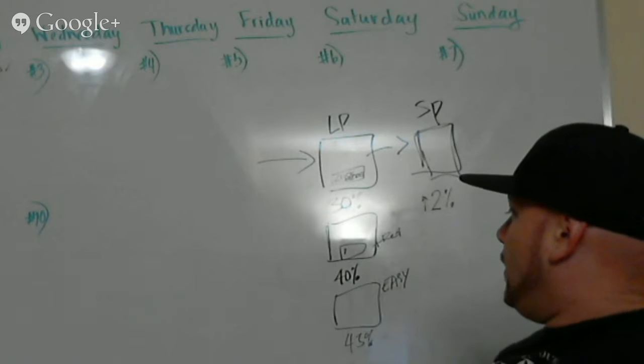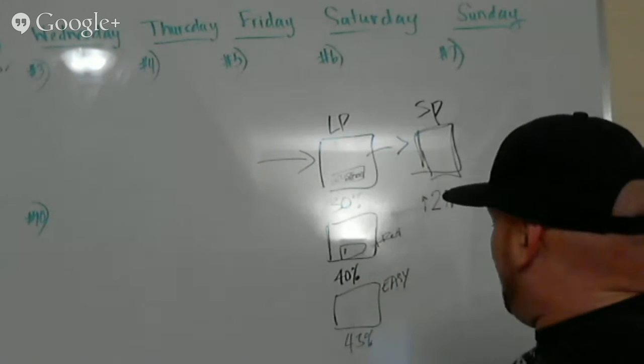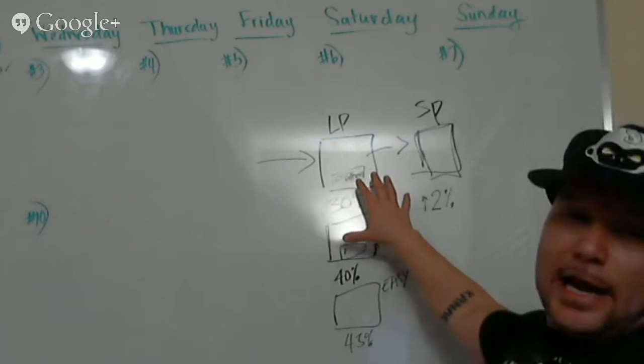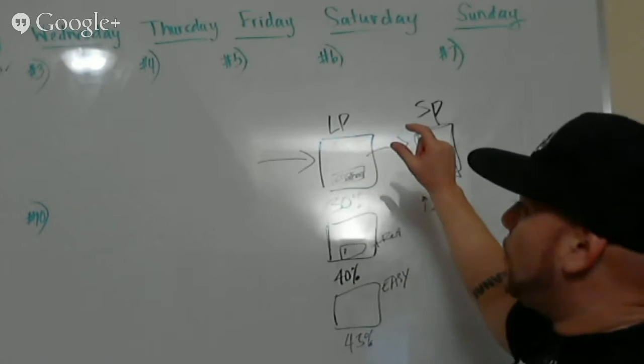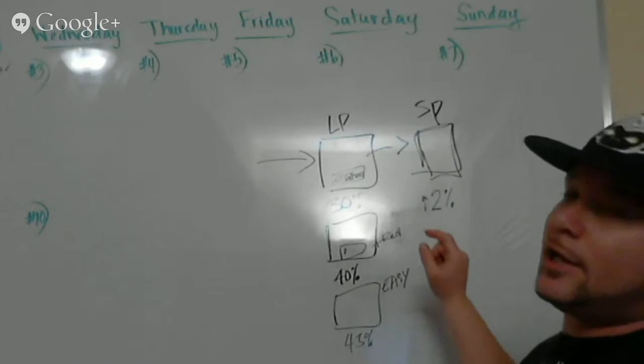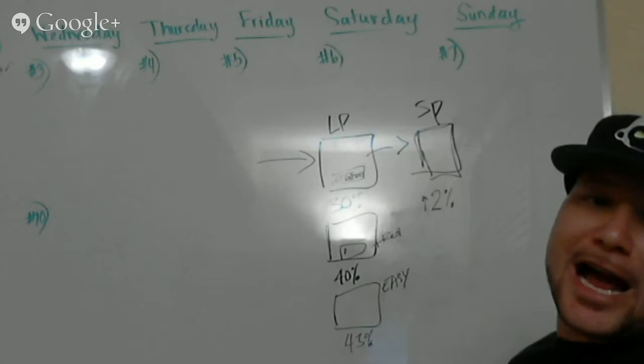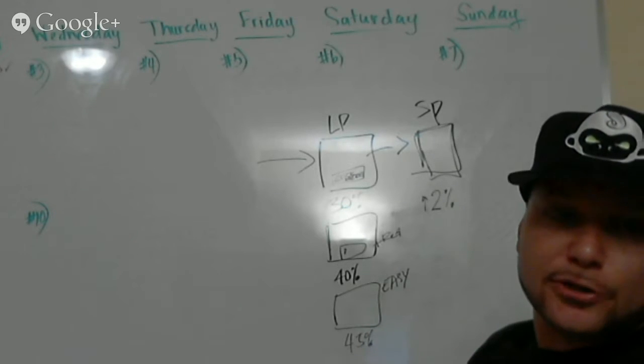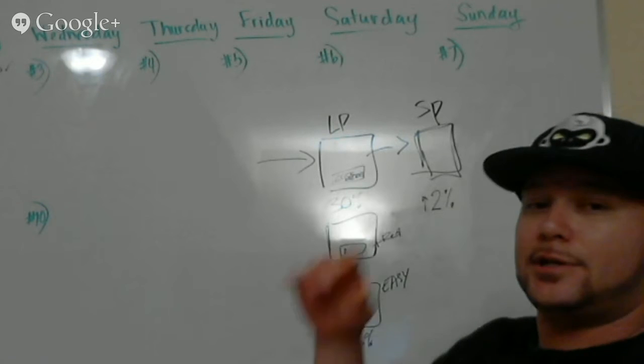Okay? So what happens here is we take our landing page, we take what's working best, and we slowly tweak it little by little by little. It doesn't take a whole lot of time. It's not nearly as time consuming as changing an entire sales message.